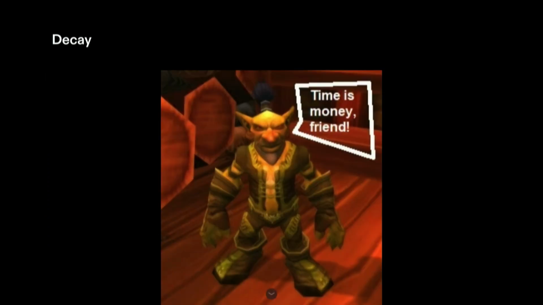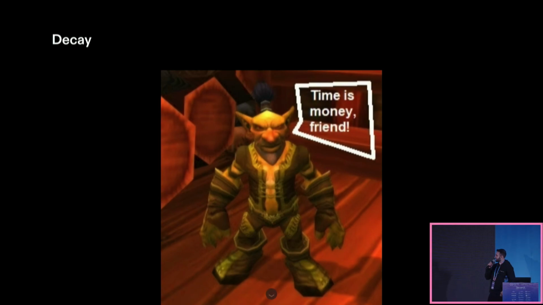And this concept of decay becomes very, very important. Some of you might recognize this character, which is a goblin banker from World of Warcraft. And the famous quote is that time is money, friend, right? So in the case of pre-confirmations, time is actually money. The amount you bid has to do with the time that you bid it at, and it decays in real time, such that all providers are incented in real time to commit to your transaction.